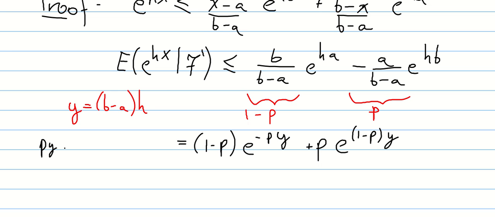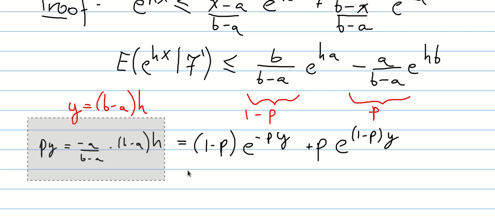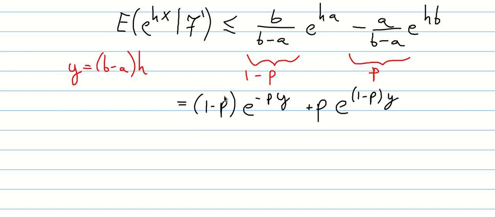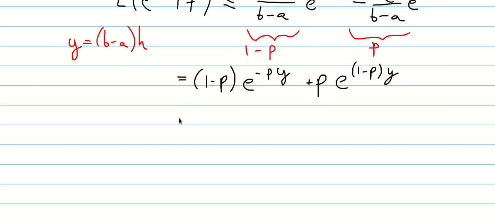P times Y is minus A over B minus A times B minus A times H. So here we have minus A H, with a minus sign in front, so it's AH. So this is correct. And on the other side, we have 1 minus P y, and instead of only the minus A surviving, we have the B surviving, so it's going to give us HB. So this is correct.